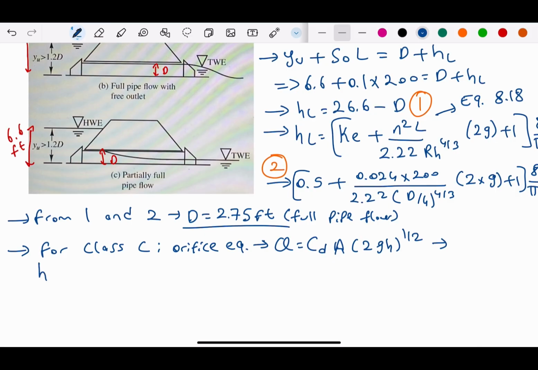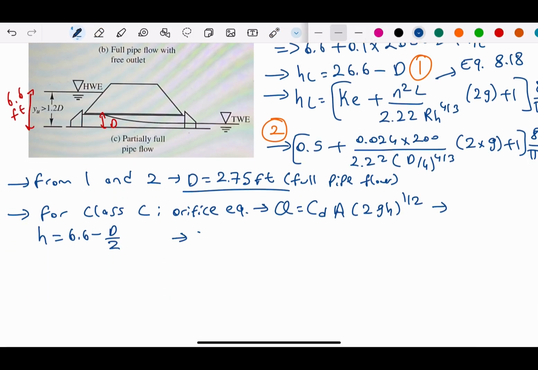The H is the distance from the center of the culvert, and it is 6.6 minus d over 2, and it is coming from here. This is the center of the culvert. So the distance from this culvert to here is 6.6 minus d over 2.